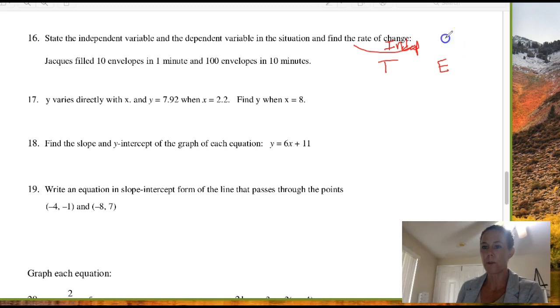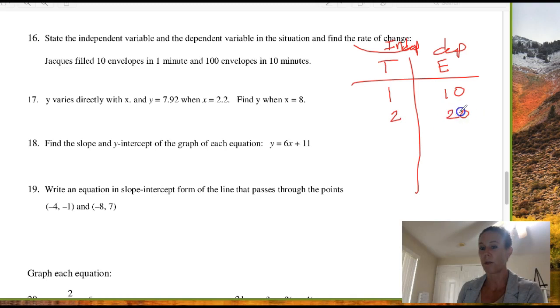So the envelopes would be the dependent. If you do 1 minute, you fill 10 envelopes. So in 2 minutes, you would do 20 envelopes. 3 minutes, 30 envelopes, and so on. All the way down to 10 minutes, 100 envelopes.